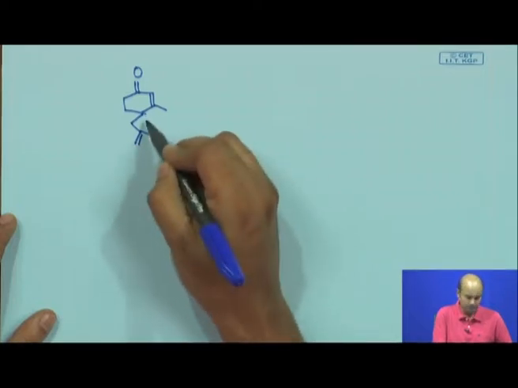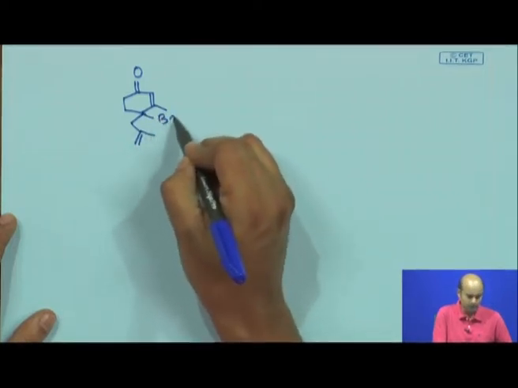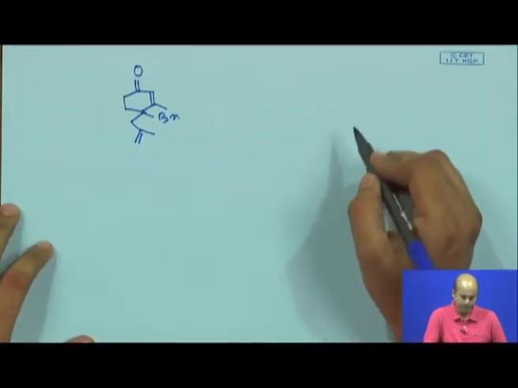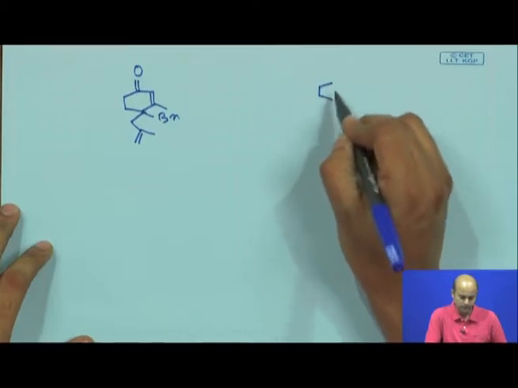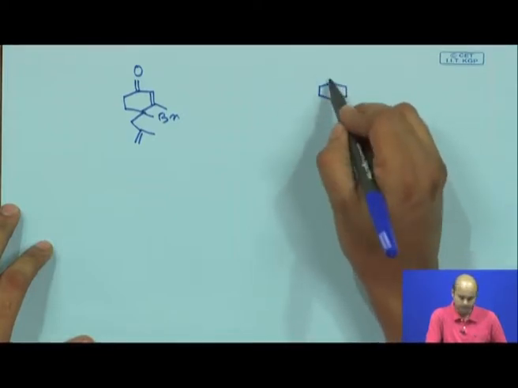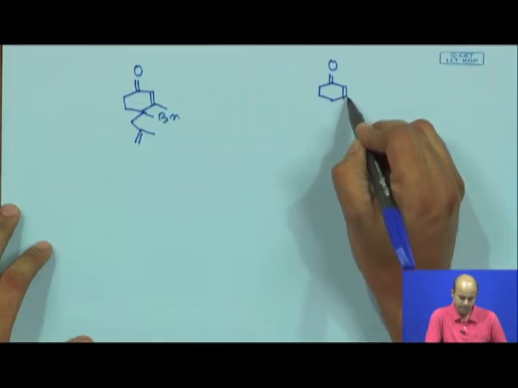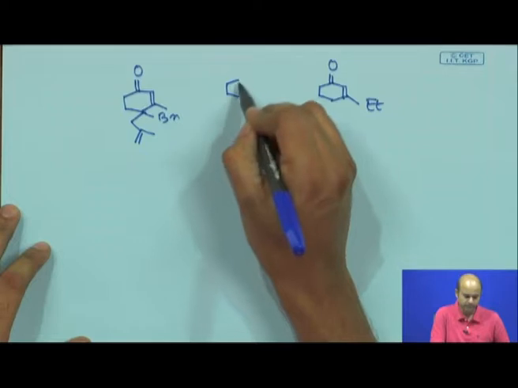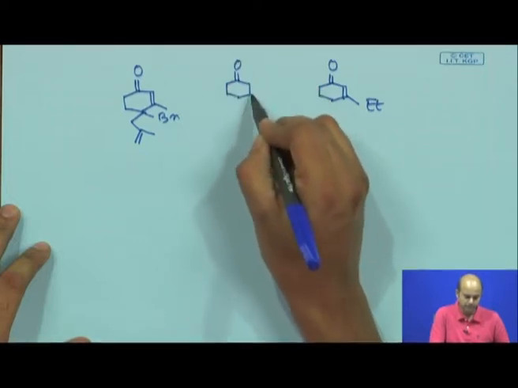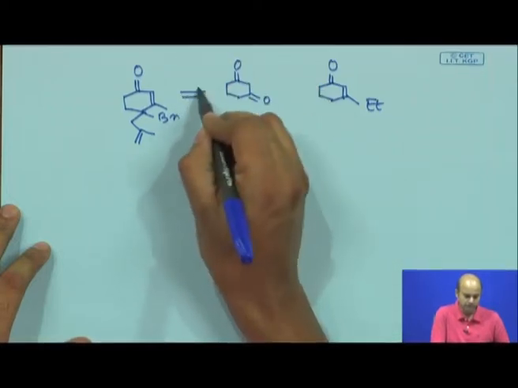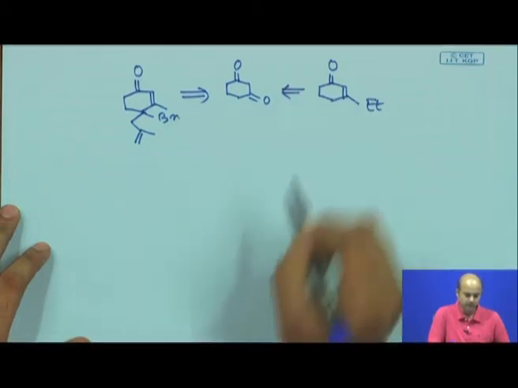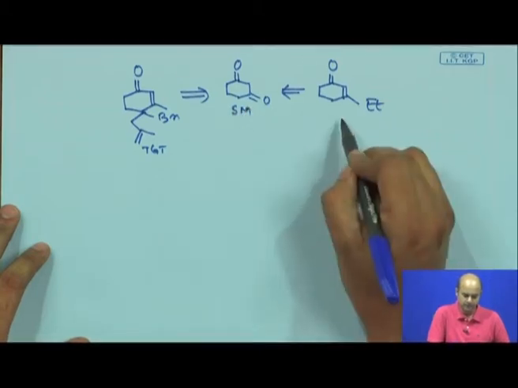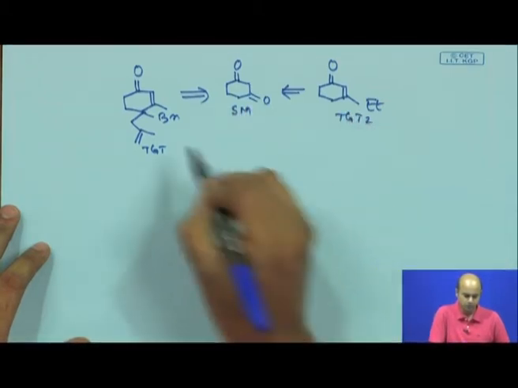I will give you two targets, the left hand side this molecule which I am drawing here, and I will try to give you another target, this, from the same starting material. I said you have to make these targets starting from cyclohexane 1,3 dione. So, these are your targets, this is your starting material, this is target 1, target 2.